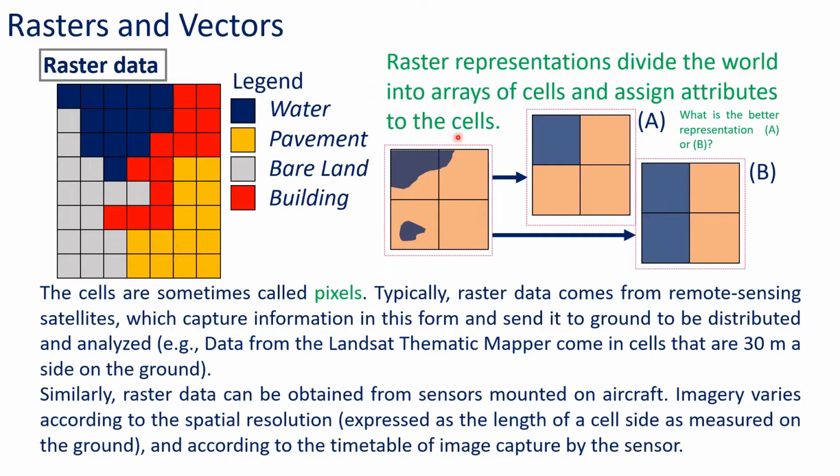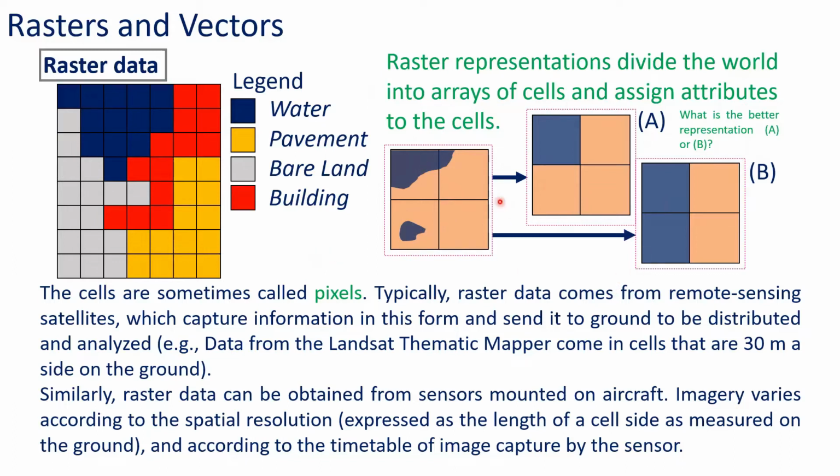Now I want to ask you something. What is a better representation, A or B, for this case? Imagine that this orange color is the bare land, and this blue color is water.